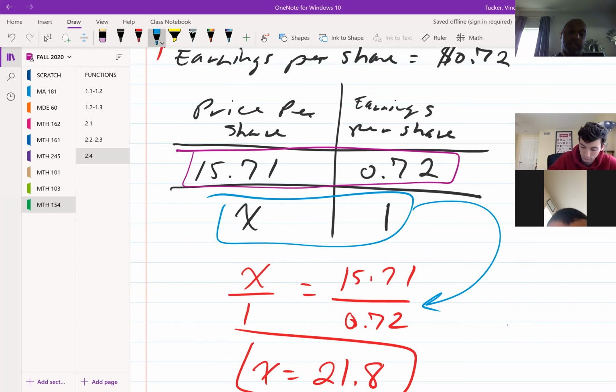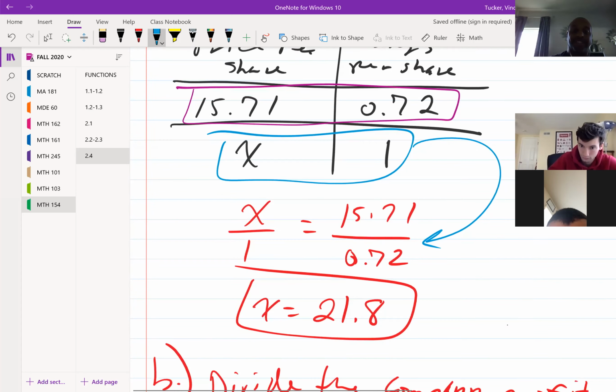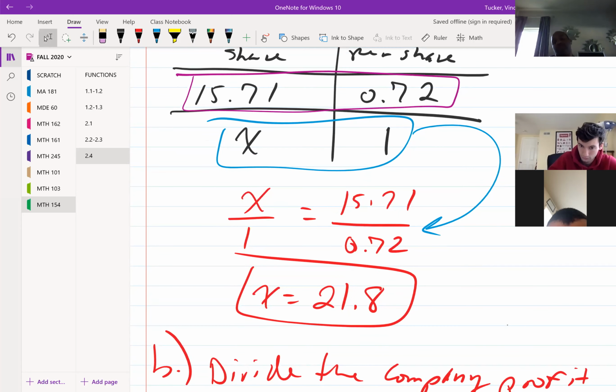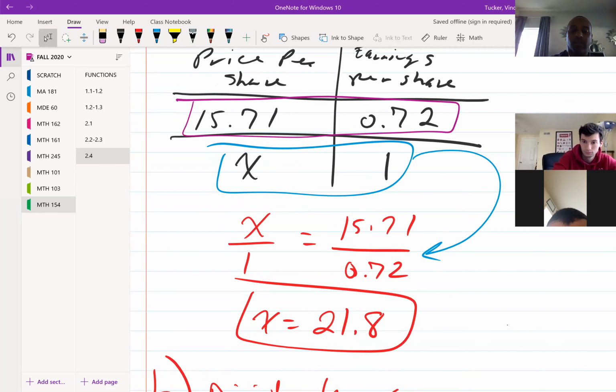Now X over 1 is just X. So divide 15.71 by 0.72, and that would be 21.8. That would be your PE ratio.